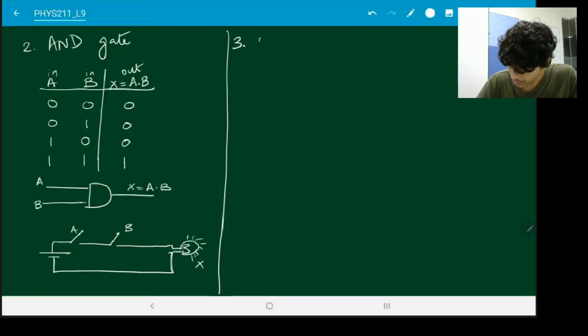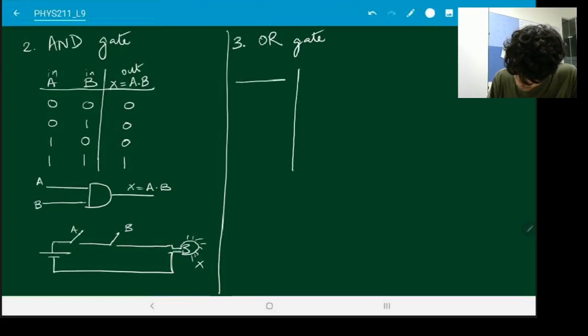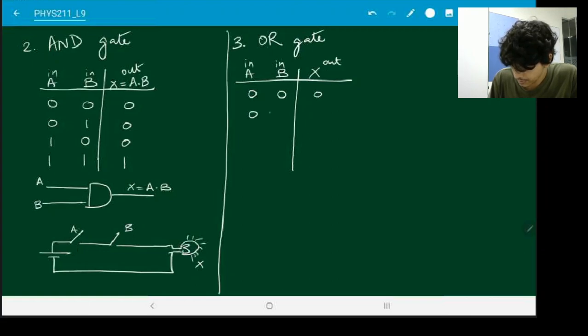The third one is called the OR gate, and the truth table for this is as follows: input A, input B, output X. So here 0 or 0 is 0, 0 or 1 is 1, 1 or 0 is 1, and 1 or 1 is 1.